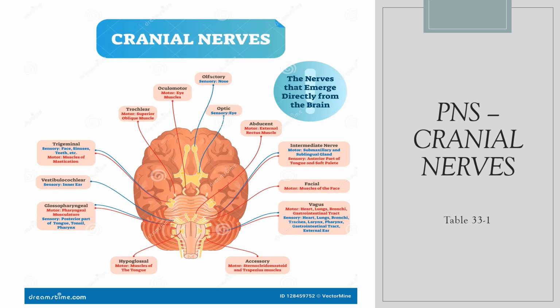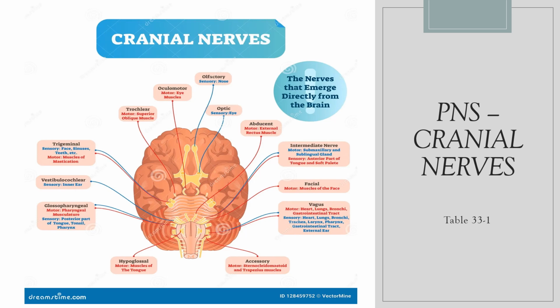And cranial nerve number 4 is trochlear. That is a motor function, motor neuron. It also focuses on those extraocular eye movements. Cranial nerve number 5 is trigeminal. That one is both motor and sensory. So it will detect facial sensations and then the muscles involved with chewing.